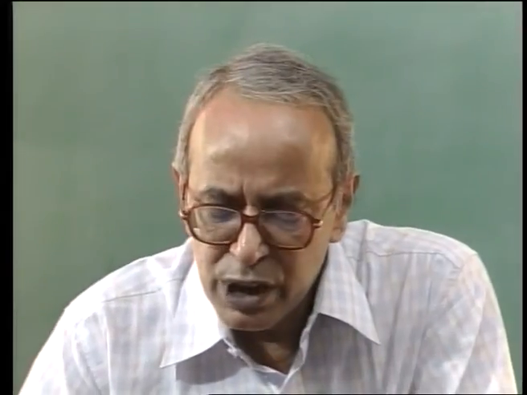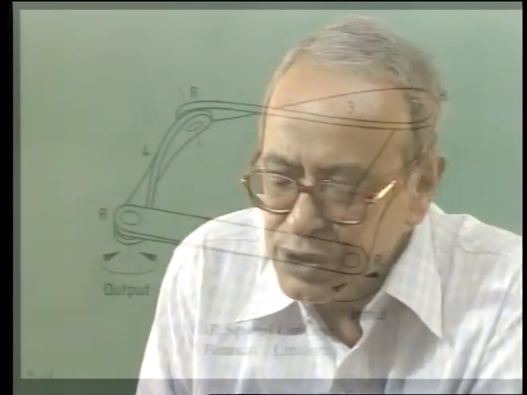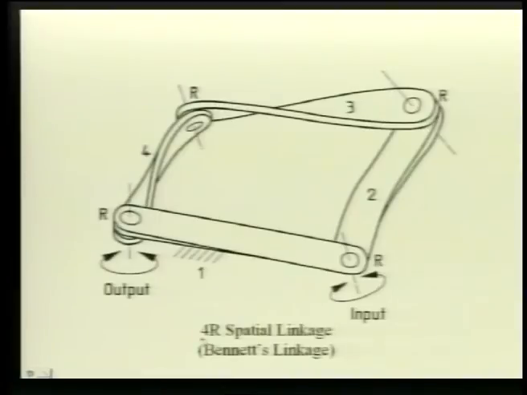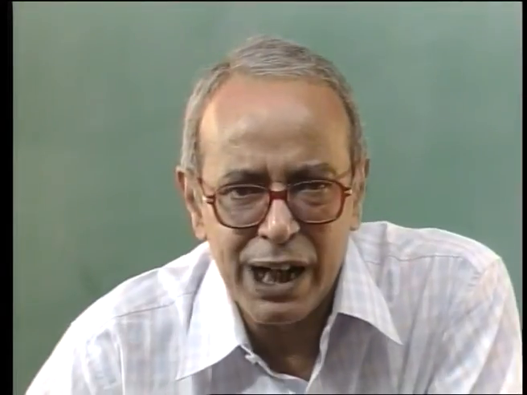This figure shows again a mechanism with 4 revolute joints, but here we call it a 4R spatial linkage, because the points of all these links move neither in parallel planes nor on the surfaces of spheres. They move in a 3-dimensional space, and as can be clearly seen, the axes of these revolute pairs are skewed in space, in the sense they are neither intersecting nor parallel.